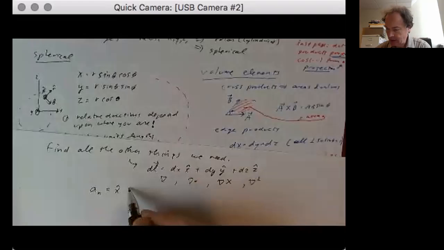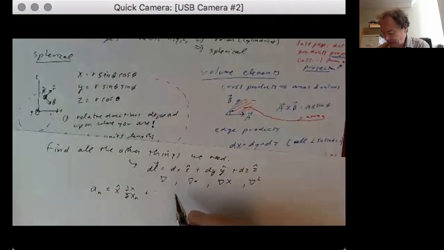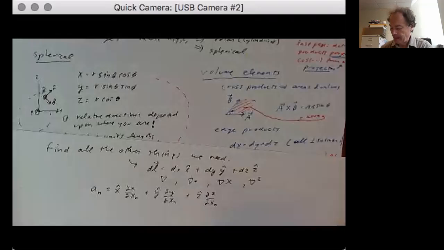So it's x hat partial x partial x_n plus, and you can think of the n's as being x, y, and z, or r theta phi, or rho phi z, or whatever you want to take for your coordinates, y hat partial y partial x_n plus z hat partial z partial x_n.